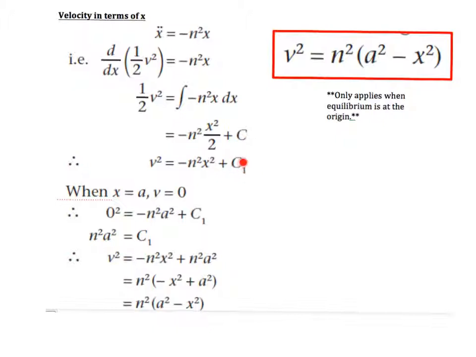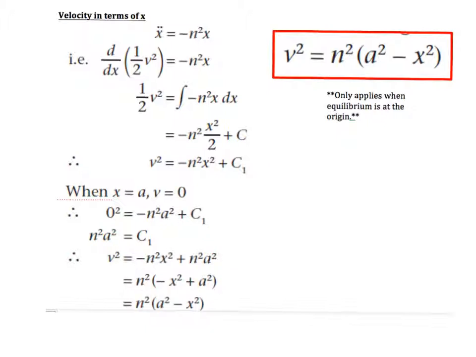Then let's find what that constant of integration is by using the fact that at the end point, which is where the amplitude is, when x equals a, then the velocity is 0. So when x equals a, velocity equals 0. Sub that in to find the constant of integration, which ends up being that. Replace that back in there, and then just factorise out an n squared.